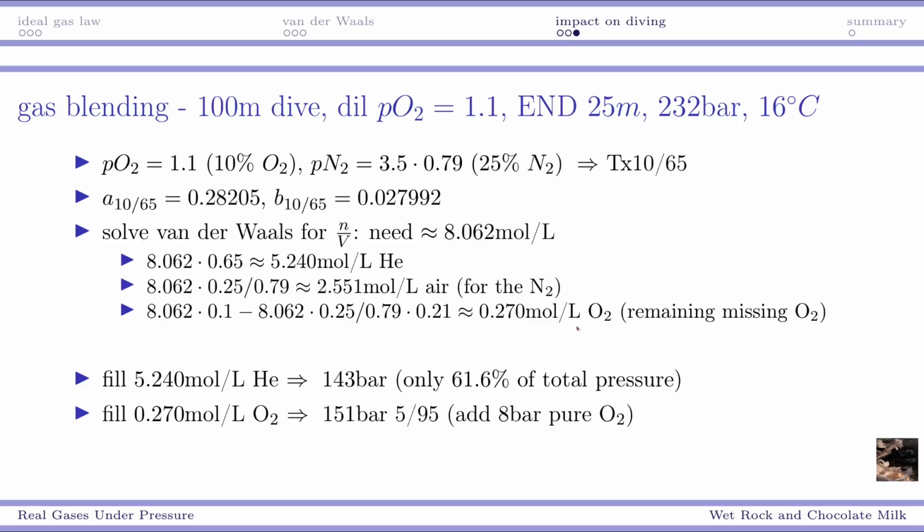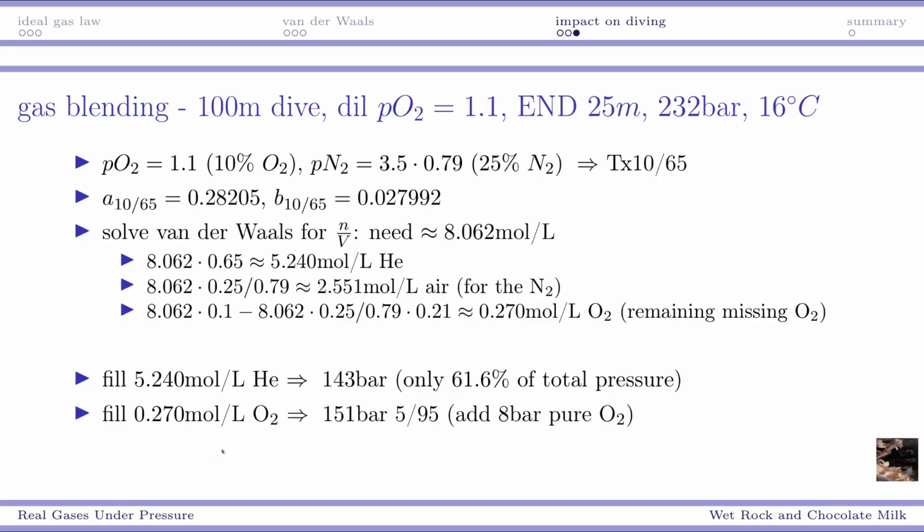But that's difficult because we're now starting to mix a different trimix, or rather heliox in this case. If we're adding the 0.270 moles of oxygen to the 5.240 moles per liter of helium, then this is actually 5% of the total number of molecules.